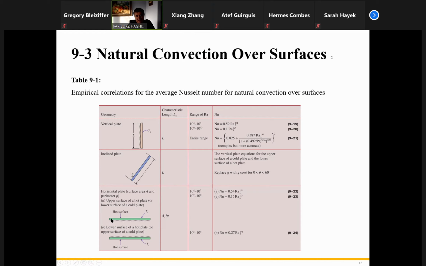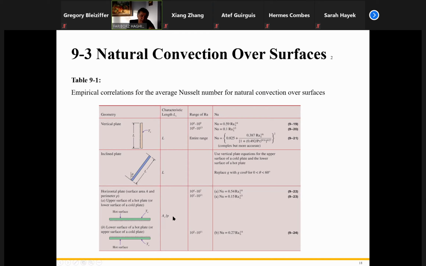This is representing a floor, assuming the bottom part is insulated and the temperature of the floor is Ts. Therefore, if you look here, the air is going up because the surface temperature is high. Therefore, you're using this equation. And if it's the case at the bottom here, where the hot surface is, you're using this equation.